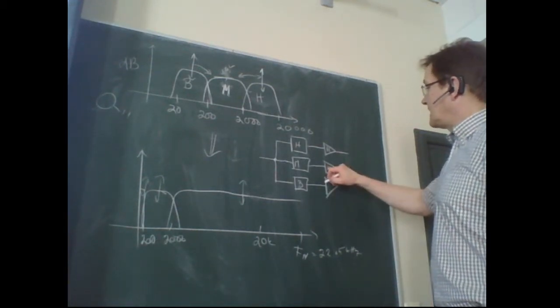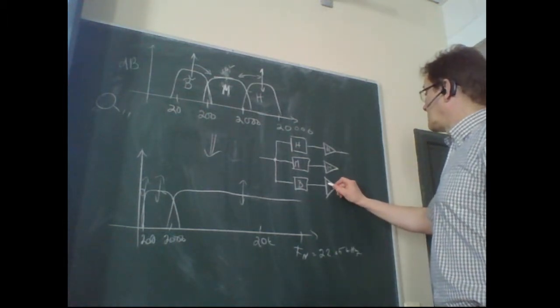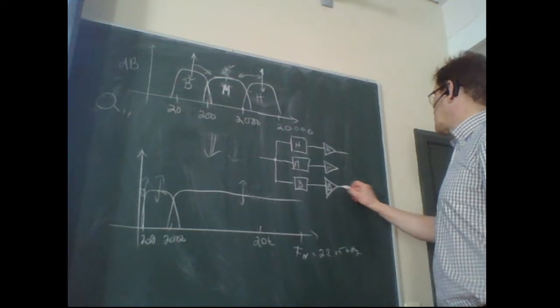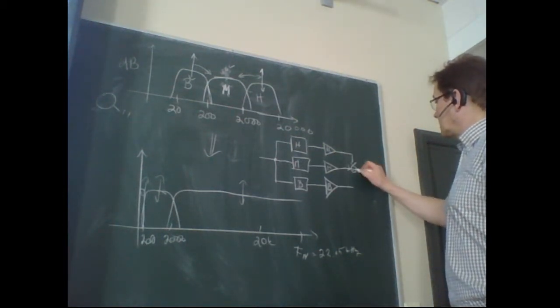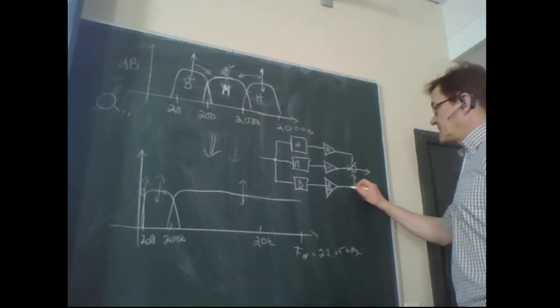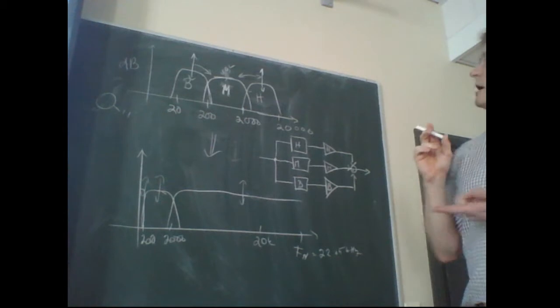In reality, that will be a common gain for everything. Like that, and then summing junction here at the end. Just 3 different filters.